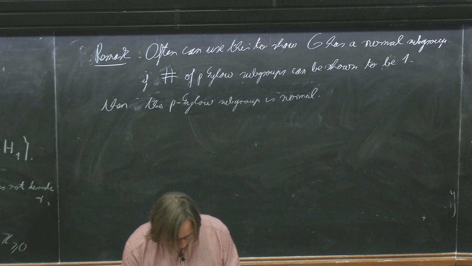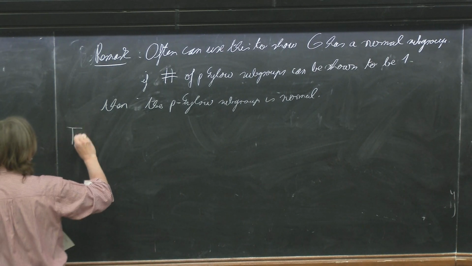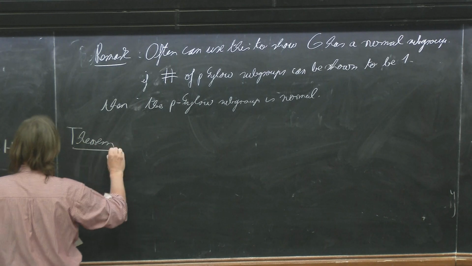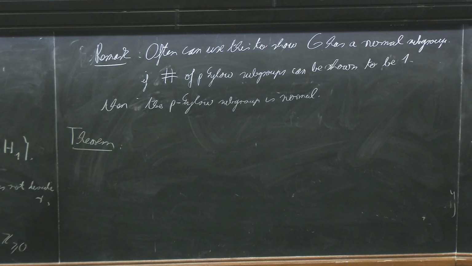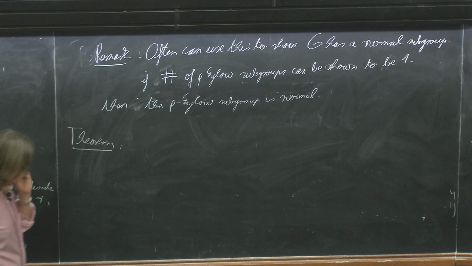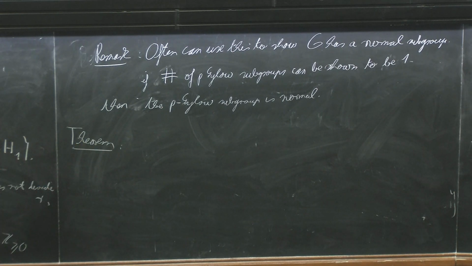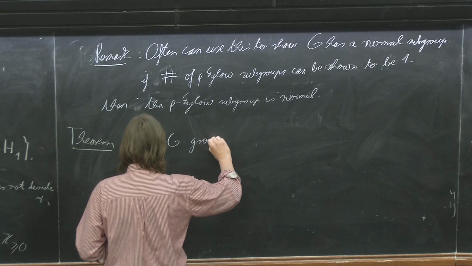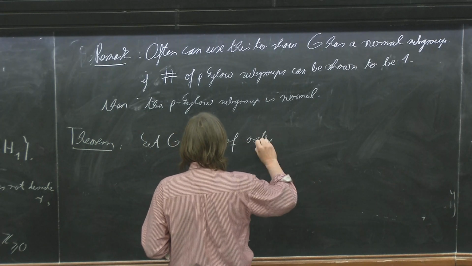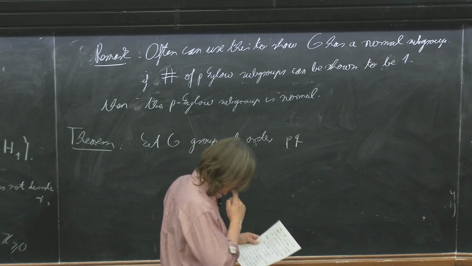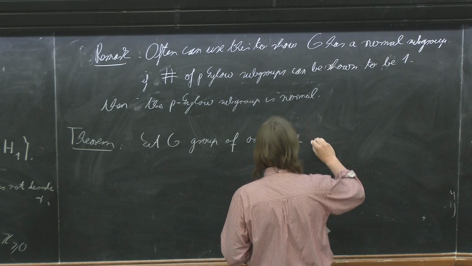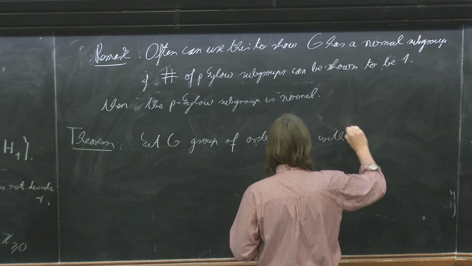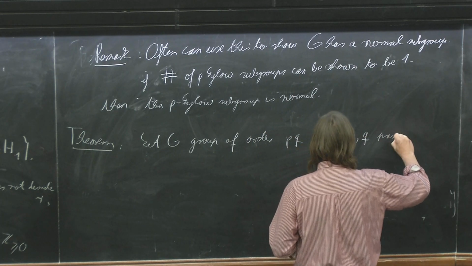Okay, and now we want to give one more application of the Sylow theorems. You want to classify all groups whose order can be in a certain way written as a product of two prime numbers with an extra condition. Namely, these are just cyclic. So let G be a group of order P times Q, where P and Q are prime numbers.